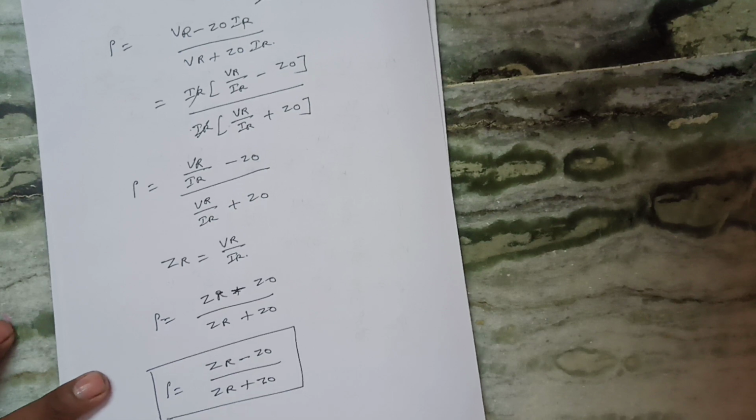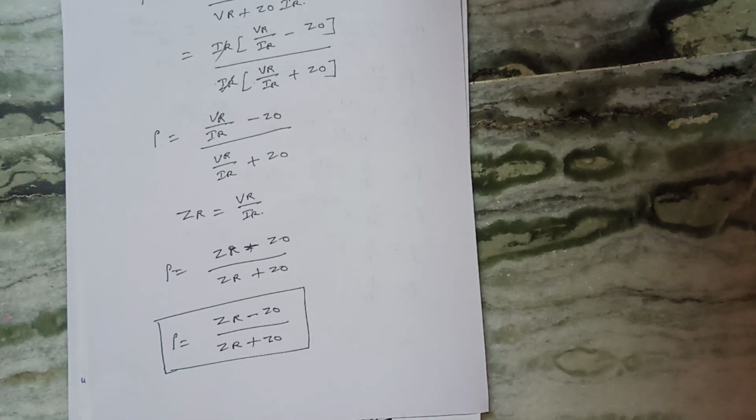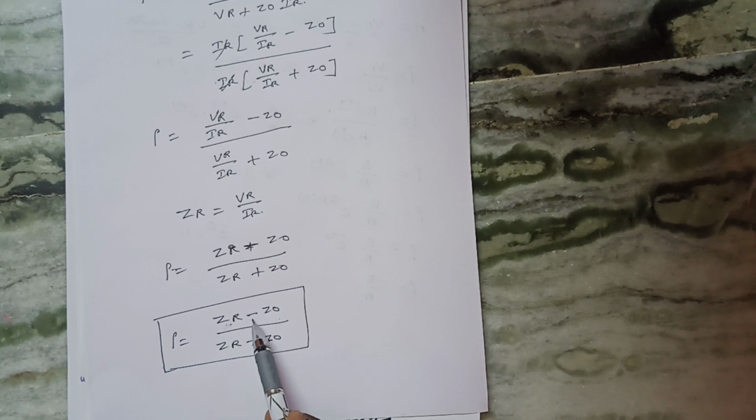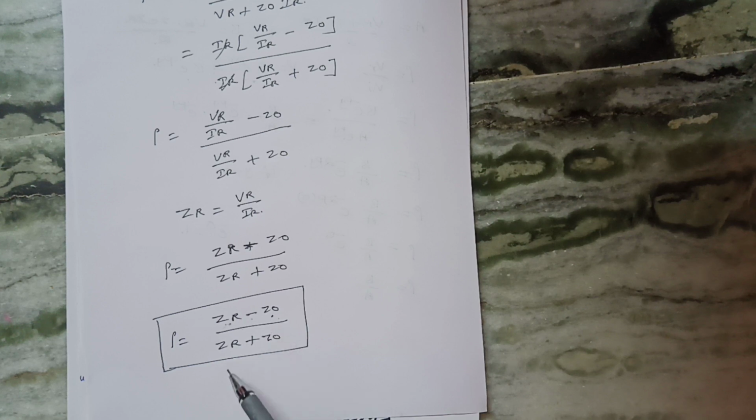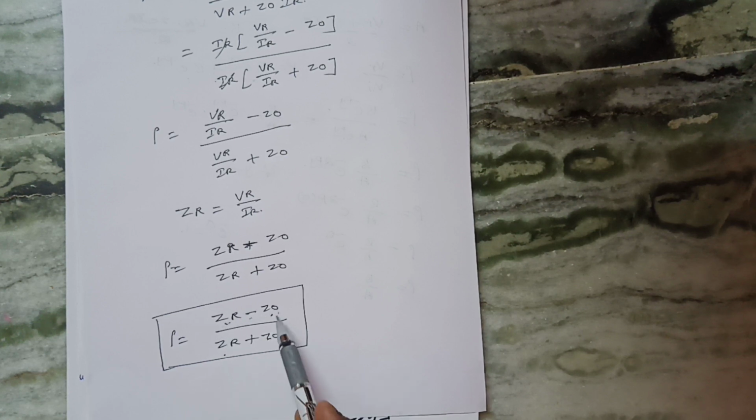This is the reflection coefficient equation. So this is the reflection coefficient of a transmission line. Z_R is the output impedance, Z naught is the characteristic impedance. Z_R minus Z naught by Z_R plus Z naught is equal to the reflection coefficient of the transmission line.